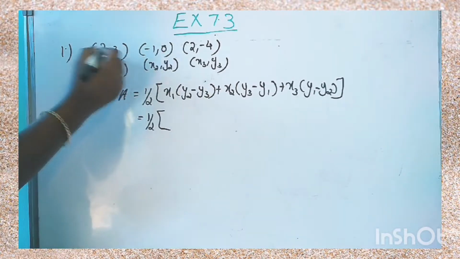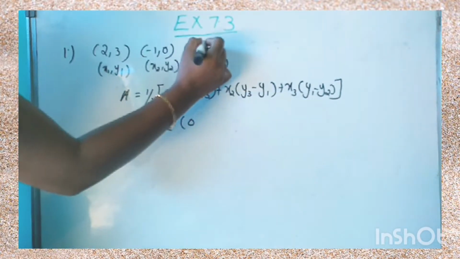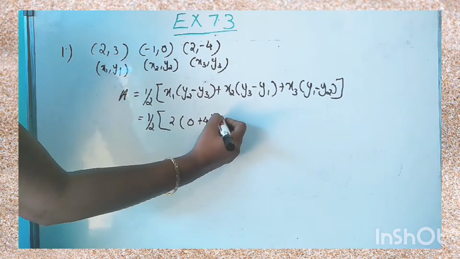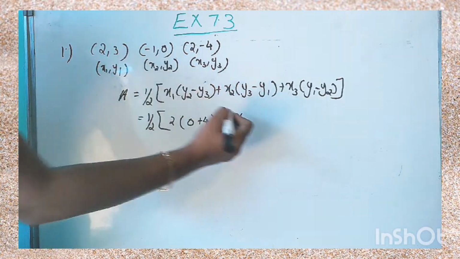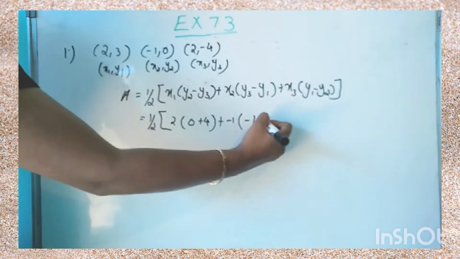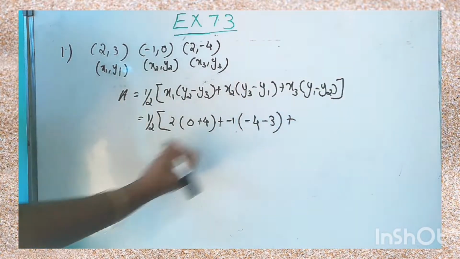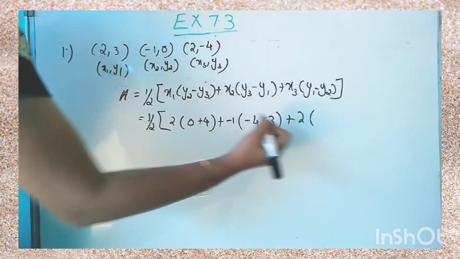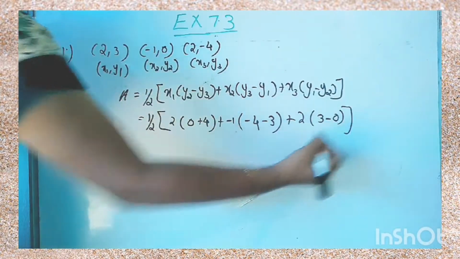Half into x1 is 2, 2 into (y2 is 0, 0 minus (-4) becomes 0 plus 4), plus x2 into... x2 is -1, y3 is -4 and y1 is 3. So (-4 minus 3) plus x3 is 2 and (y1 minus y2), that is 3 minus 0.